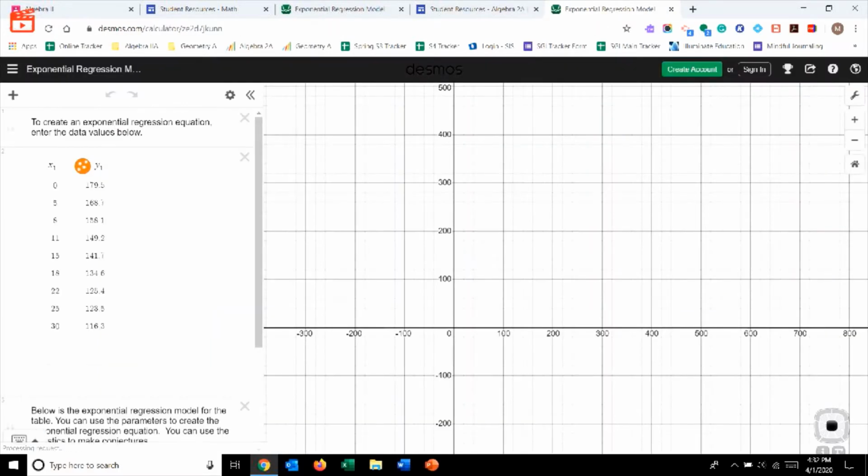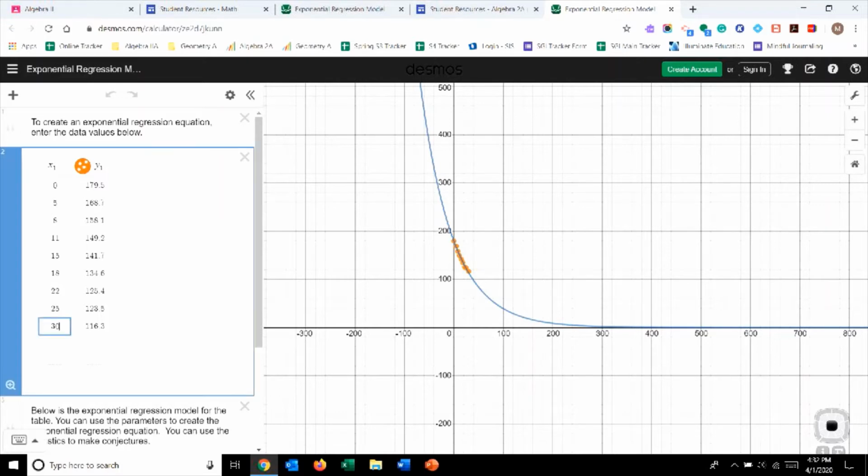And this is an example of one that was created. So you see how we have an X and Y table here, and all the data was plotted. So you could put in your own numbers in this table, and you get a point here. Then if you scroll below, you're going to see a couple things.